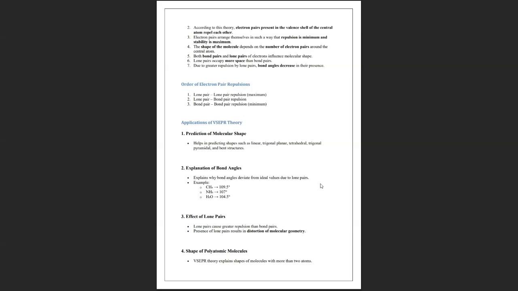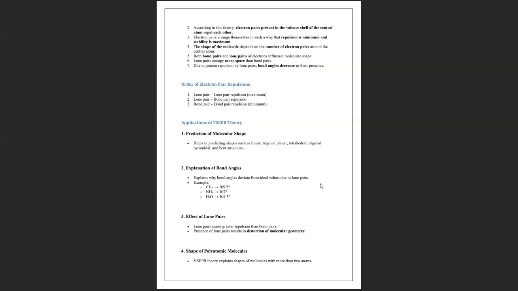So write the definition, start with the introduction, write points, and then write the order of electron pair repulsions. They usually ask it as explain VSEPR theory, or they can also ask it as explain shapes with examples.